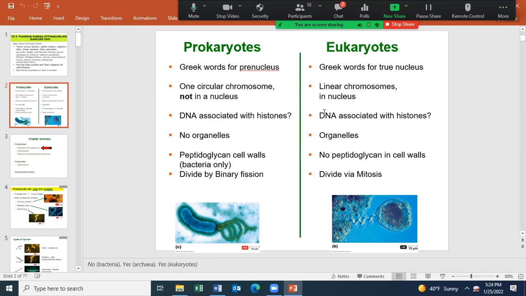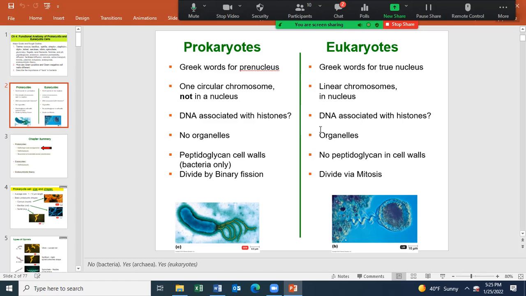Eukaryotes have linear chromosomes, meaning they have a start position. Think about the X chromosome: a start position, and then an end position. And their chromosomes are in the nucleus. Usually with eukaryotes, there are numerous chromosomes. Their DNA is different in that the DNA of at least bacteria is not associated with histone proteins.